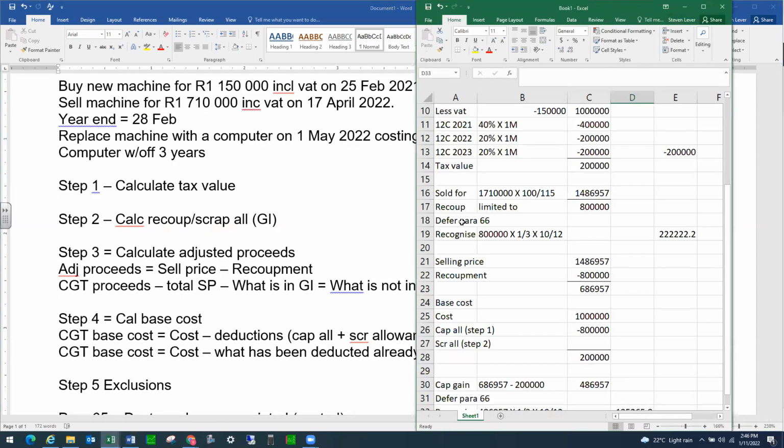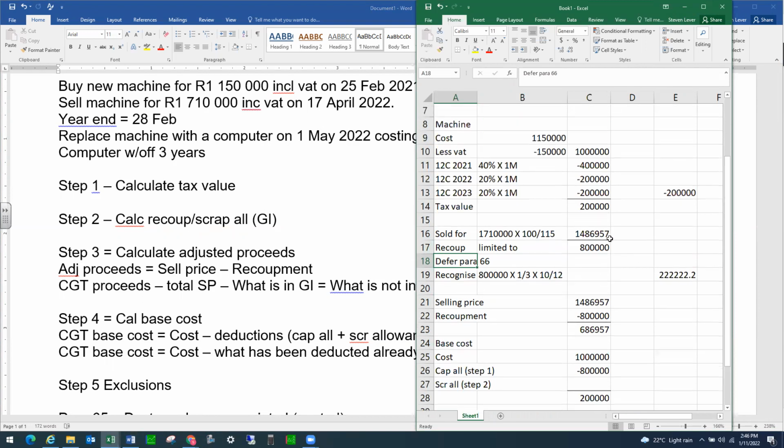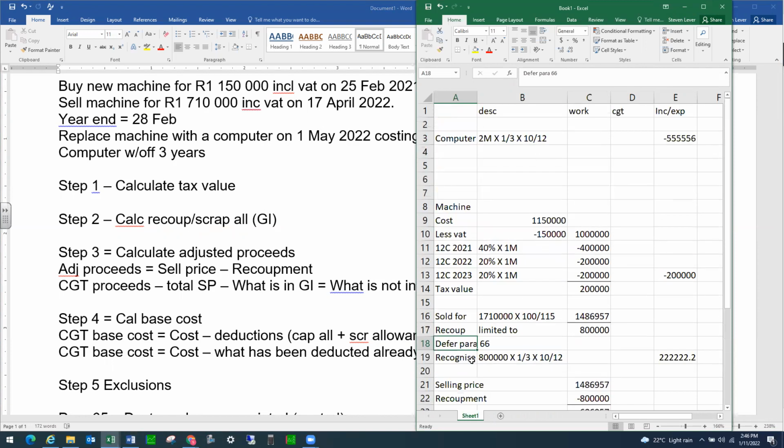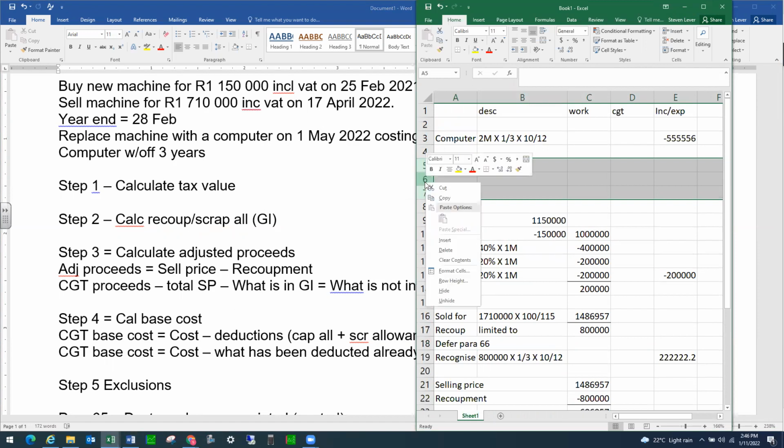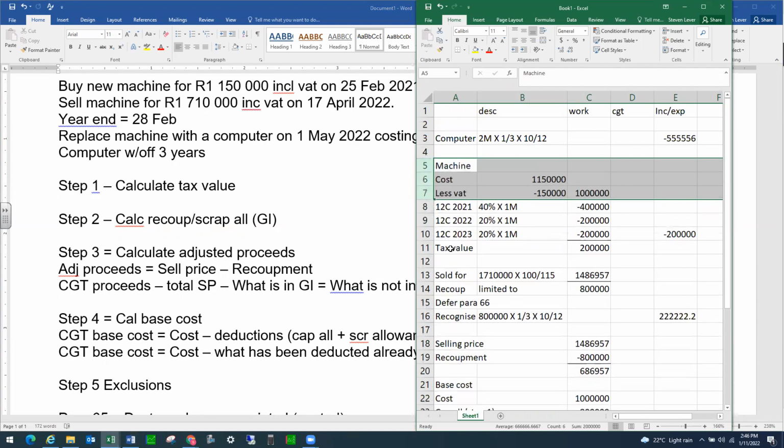When I say defer or exclusions, you're not recognizing it all now. We're only going to recognize a little bit. That's the last step, but I like to build step 5 up into each of the deductions as you go. Your solutions that you look at depend on how your lecturers have set them out.